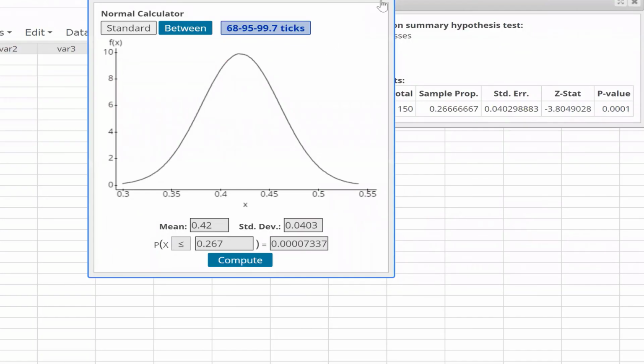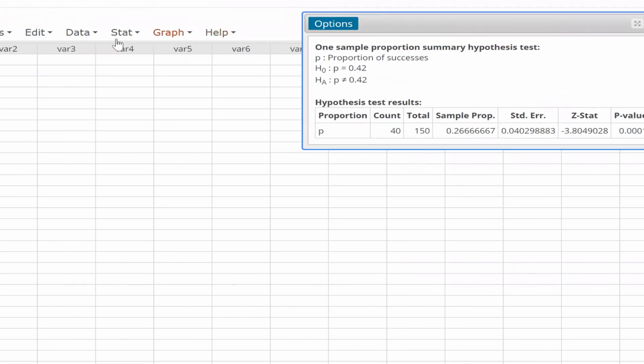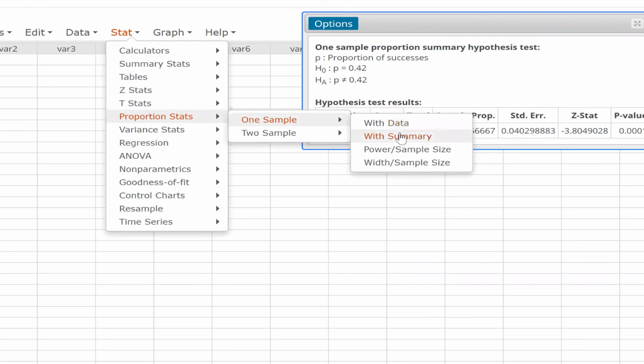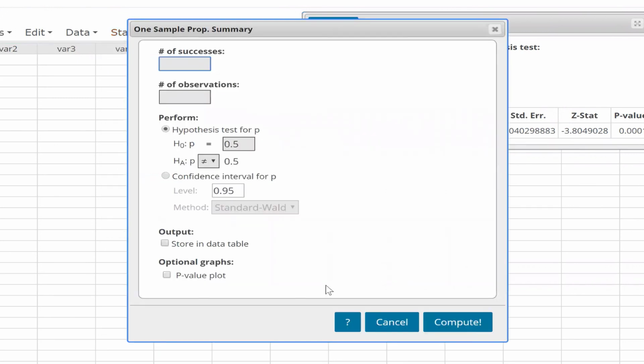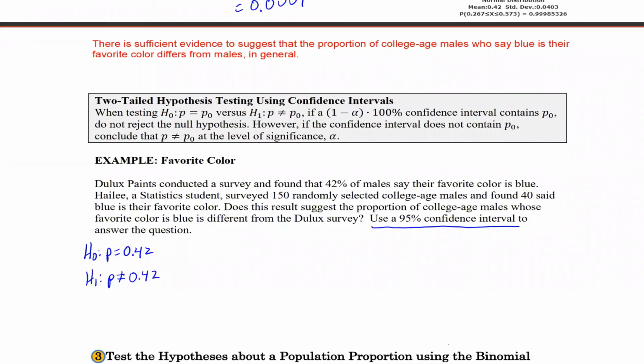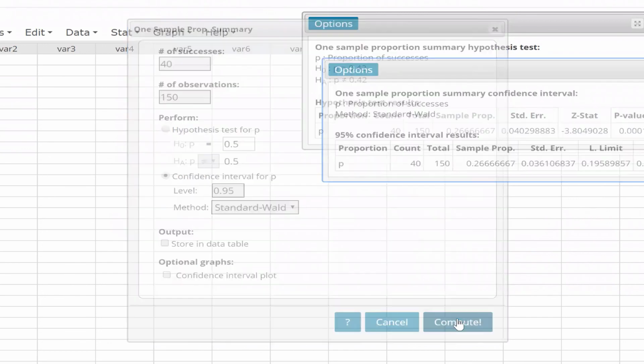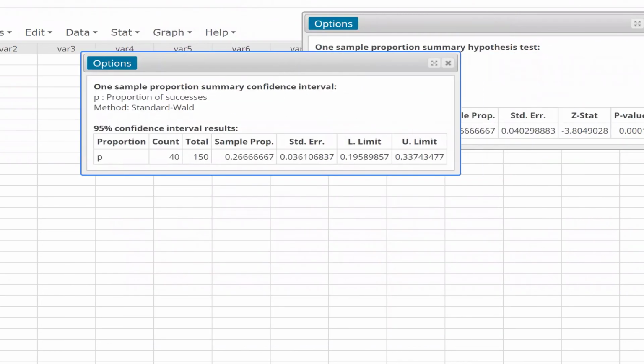And so you're going to go Stat, Proportion Stats, One Sample, With Summary. We had 40 college-age males say blue is their favorite color out of 150. So 40 successes out of 150 trials. This time you're going to select the confidence interval radio button, and we're doing a 95% confidence interval. Click compute, and here's the results.